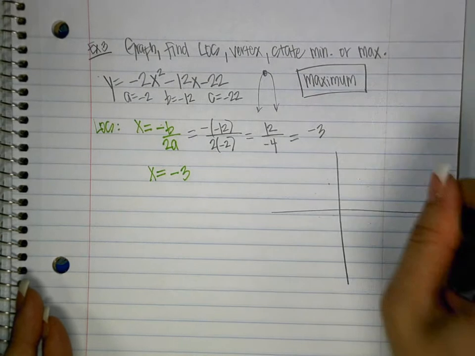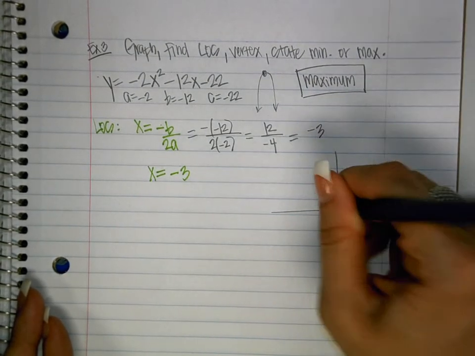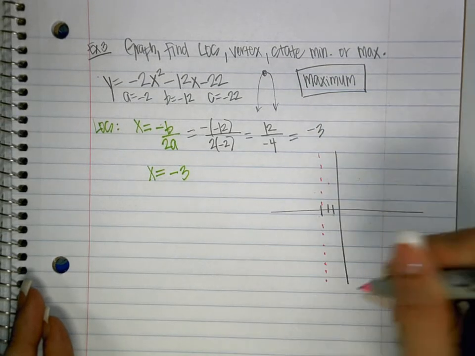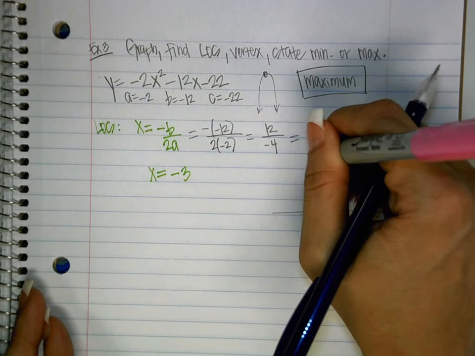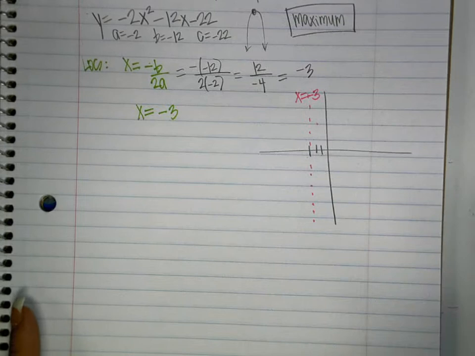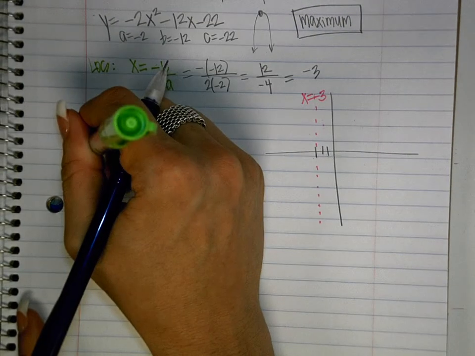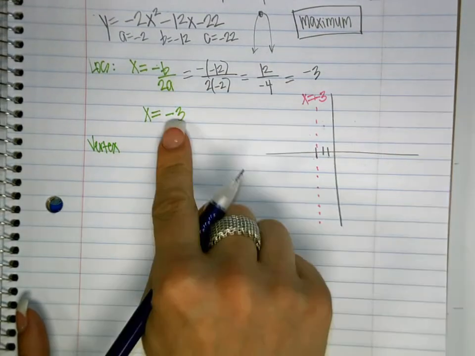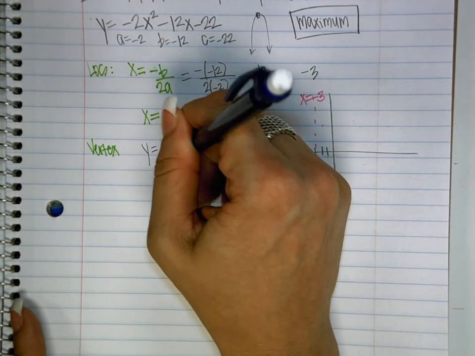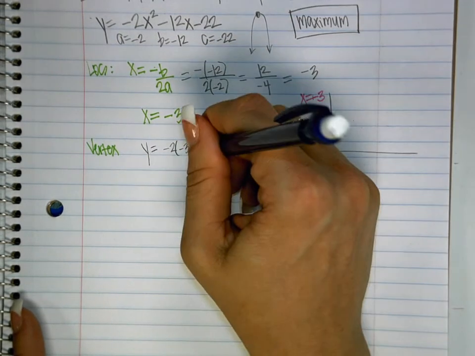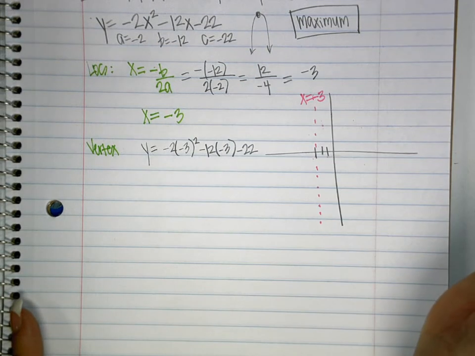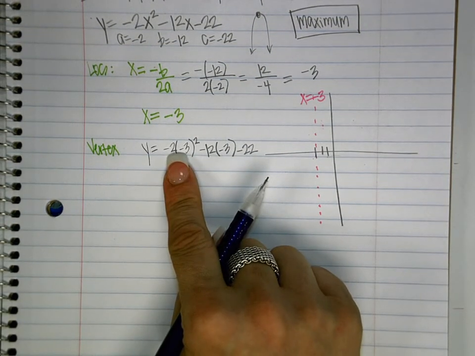So I can already start my drawing. I know that my line of symmetry will be at x equals negative 3. Remember, x equals lines are straight up and down, x-men stand tall. So to find the vertex, you take that x value and plug in to find y. y equals negative 2 times negative 3 squared minus 12 times negative 3 minus 22. What happens first? Do I multiply here or do I square first?